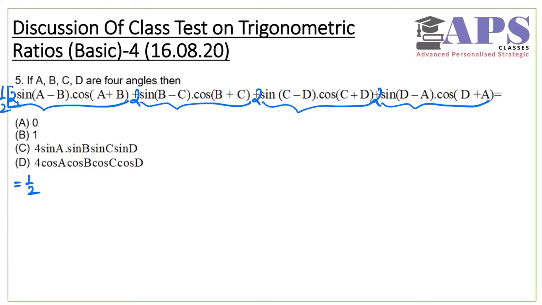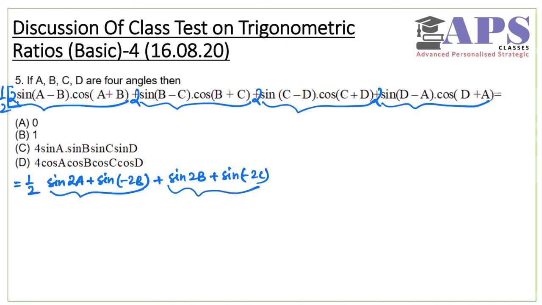2 sin A cos B is sin(A plus B), that's 2A, plus sin(A minus B), that is minus 2. Okay, this is from the first bracket. Then plus, again same thing, 2 sin A cos B, that is sin(A plus B) plus sin(A minus B).